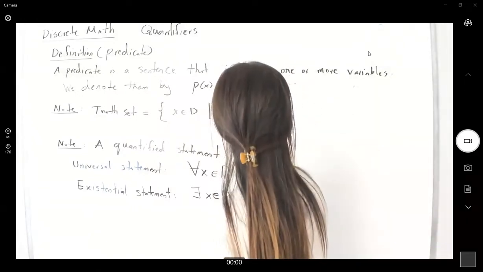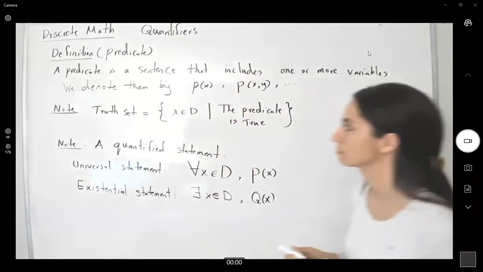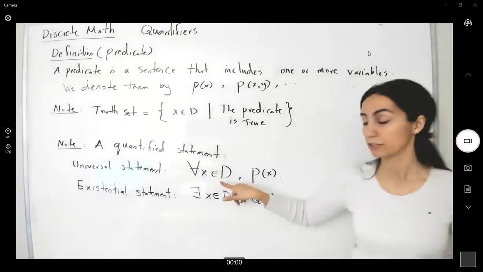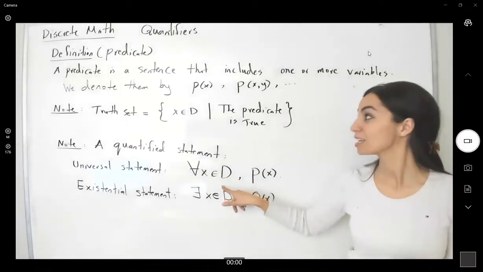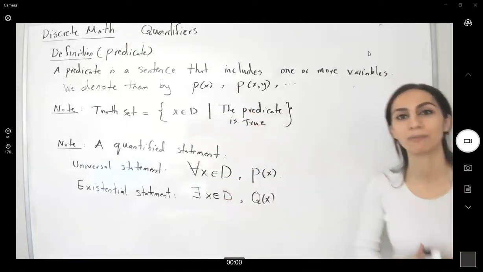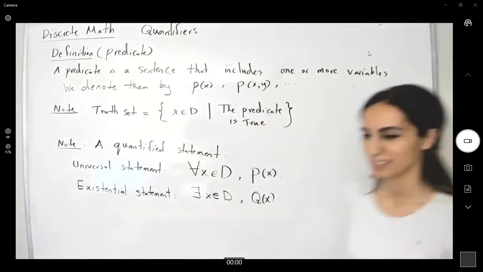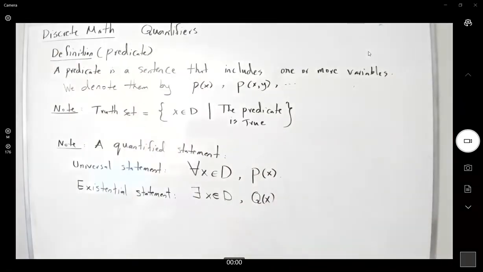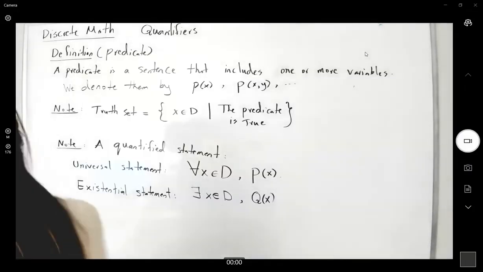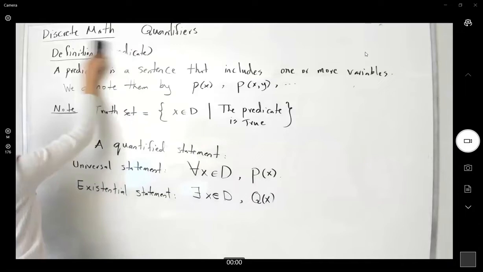So note that we talk about the domain, we talk about the predicate, and we talk about the truth set. Well, let's look at an example.